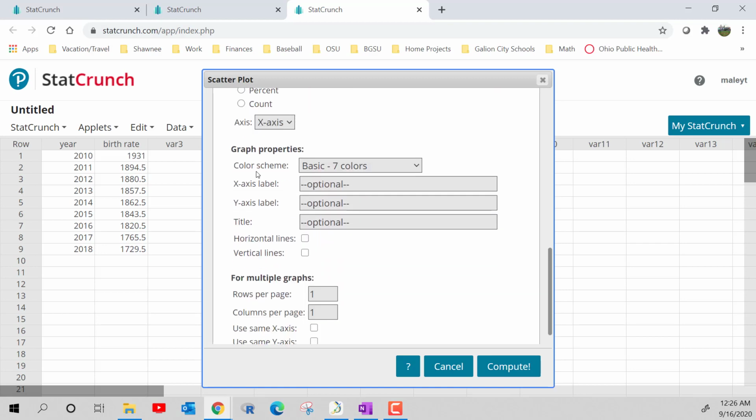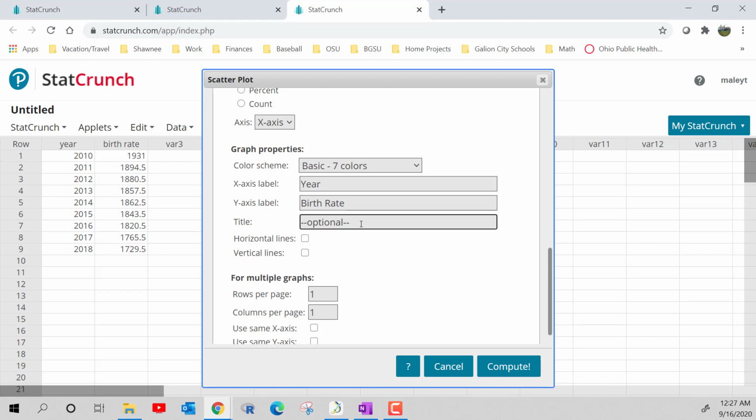And then you can add in labels here. So this would be year for the x-axis. The y-axis is going to be the birth rate.